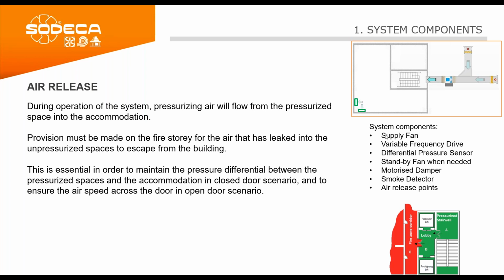So now we have supply fan, variable frequency drive, differential pressure sensor, standby fan when needed, motorized damper and smoke detector for the air intake, and air release points. All of this is needed in order for the system to work properly.